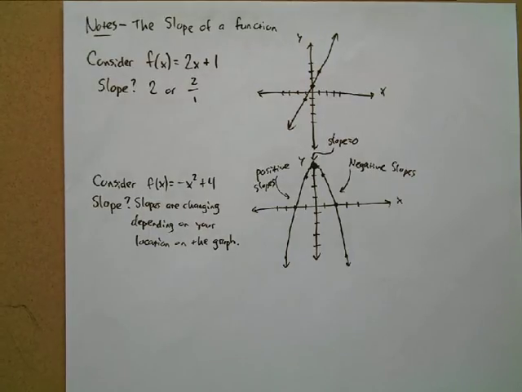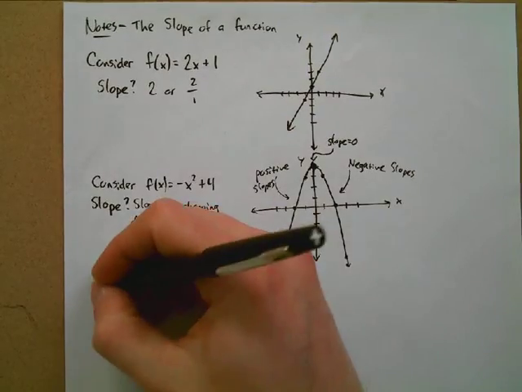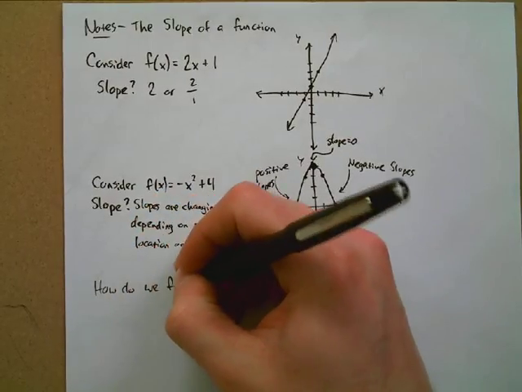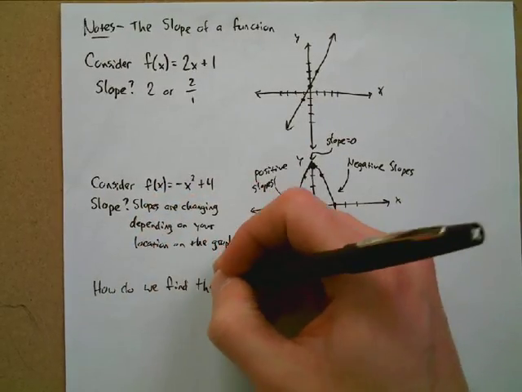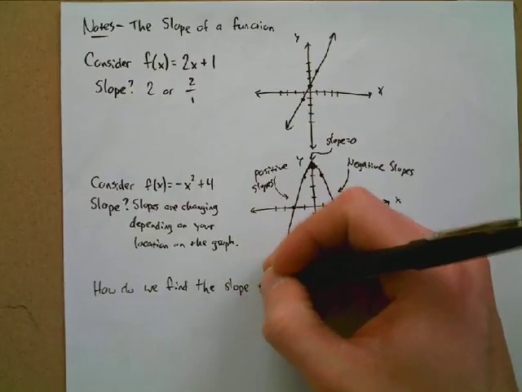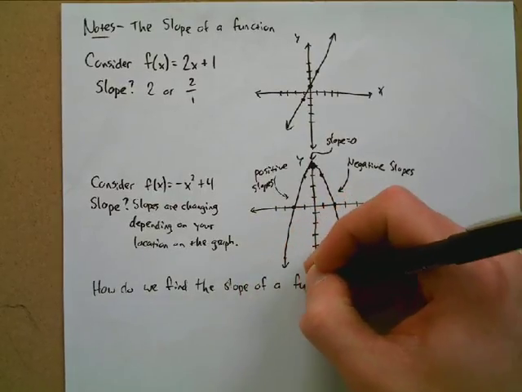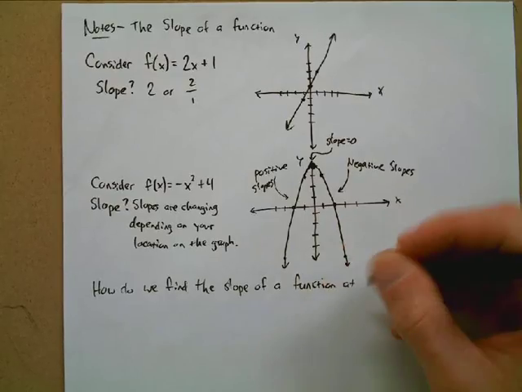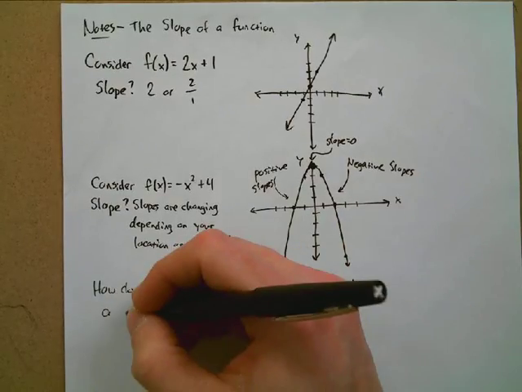Okay, so then the question arises, how do we find the slope of a function at a single point? That's a weird concept. We know how to find the slope of something if we have 2 points.